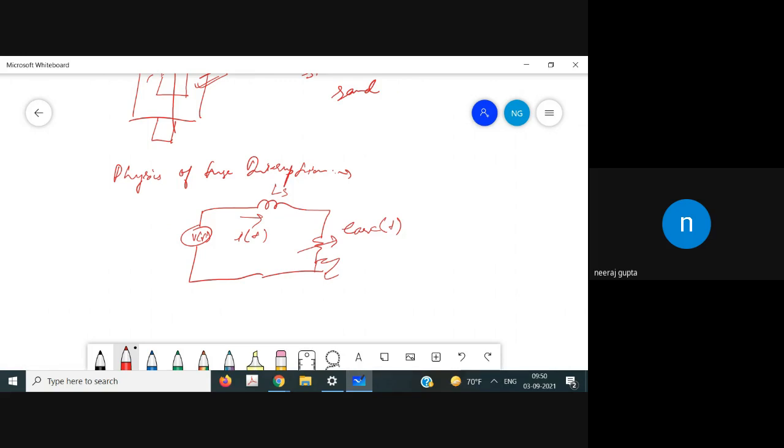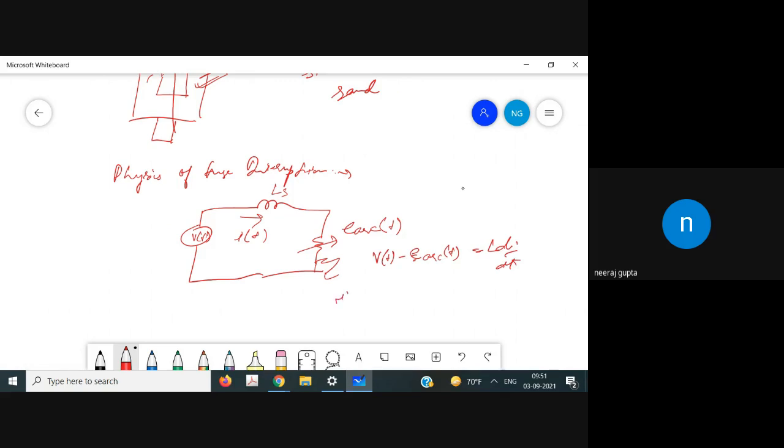E arc is the arc voltage, and Vt is the source voltage. Then the differential equation governing this fault circuit is given by the expression Vt minus E arc equals L di by dt, or Ls di by dt, whatever you want to take.